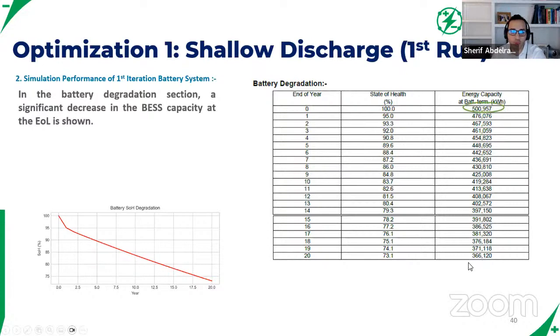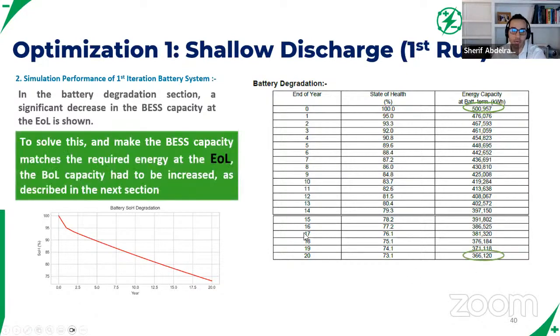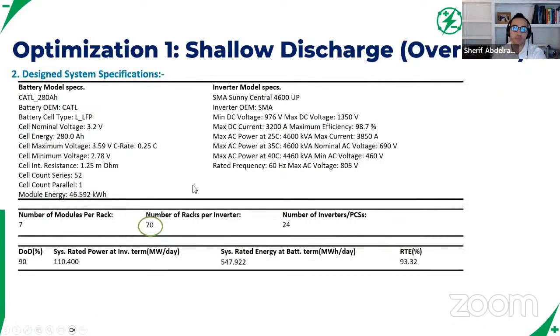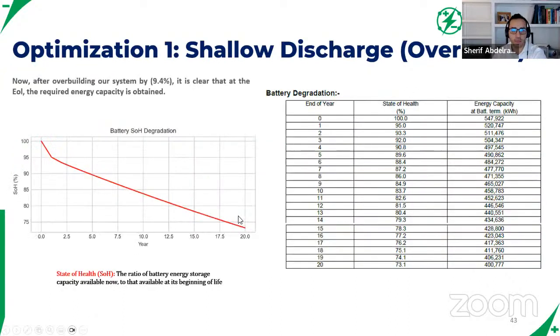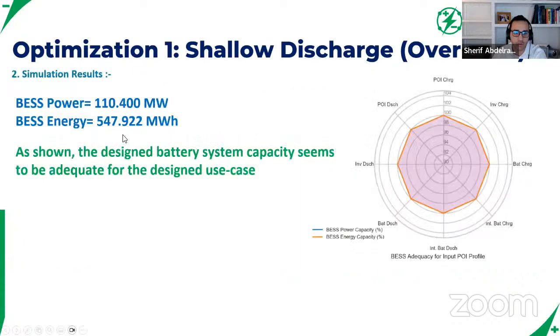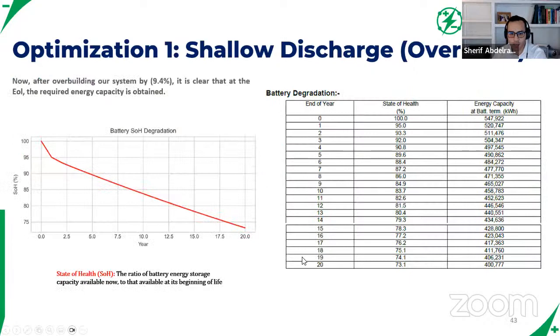So now we're going back and adding additional racks to be able to maintain that 400 megawatt hours for 20 years. We achieved that here, and what allowed us to achieve that is 548 megawatt hours capacity.